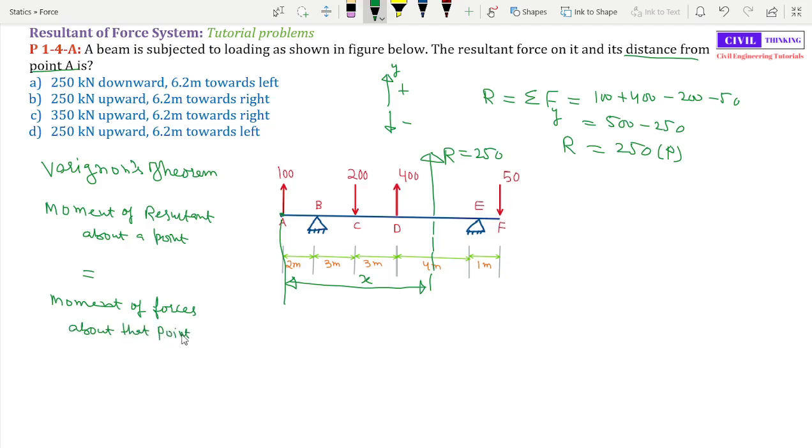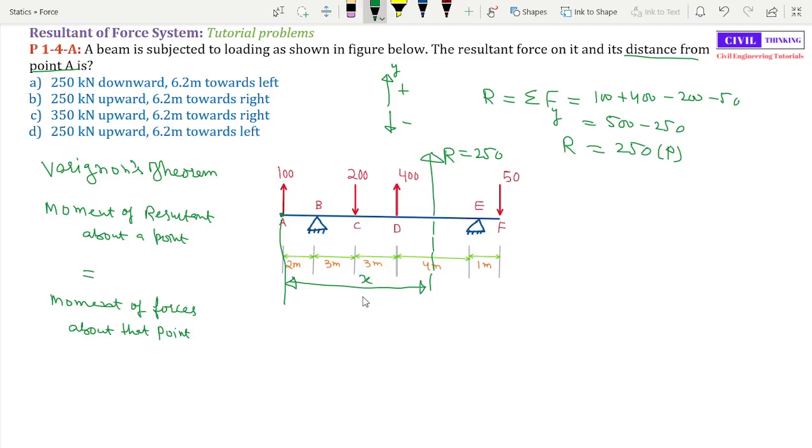Now what is it saying? This is the resultant. According to Varignon's theorem, let us find the moment of this resultant about point A, because we have to find this x distance. When we take the moment of the resultant about A, we might get the value of x.